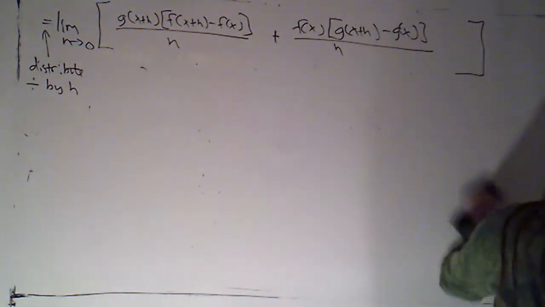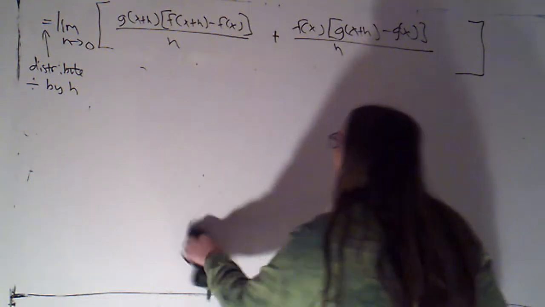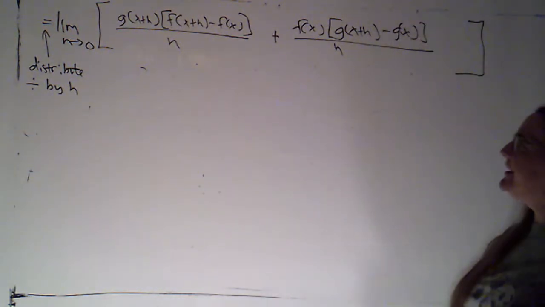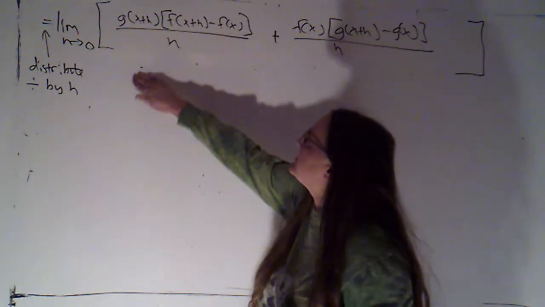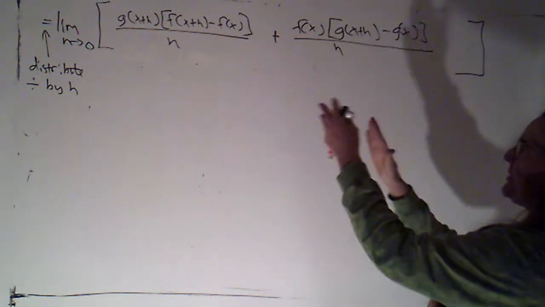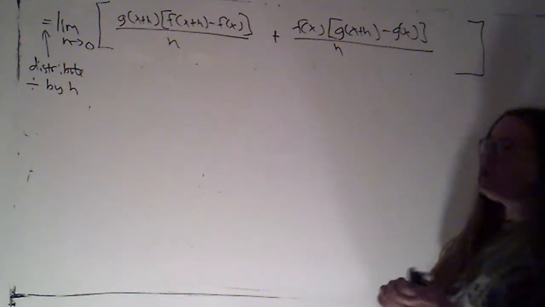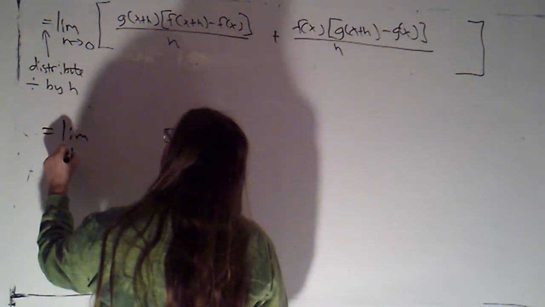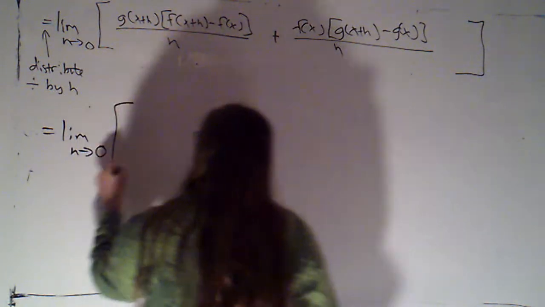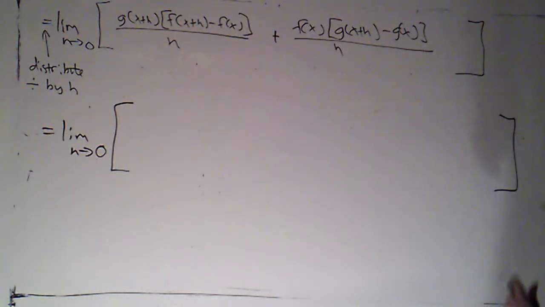And I'm actually going to break this quantity in the brackets up just a little bit more, because each of these fractions I'm going to split apart into a product of two things. So I'm going to say this is the limit as h goes to 0. That limit applies to this whole thing.